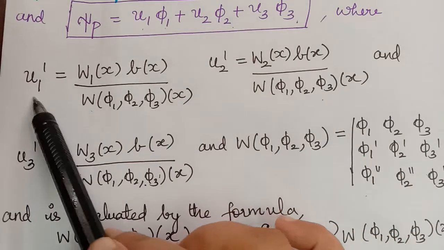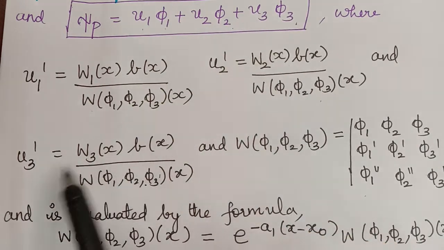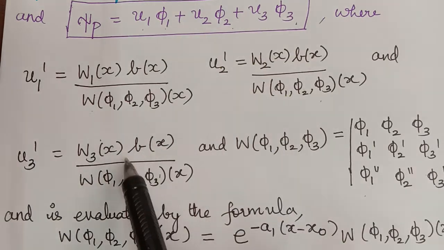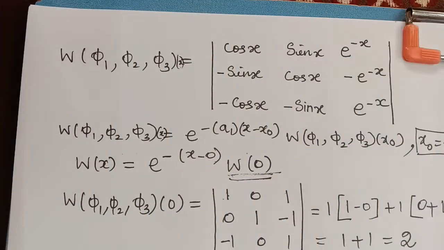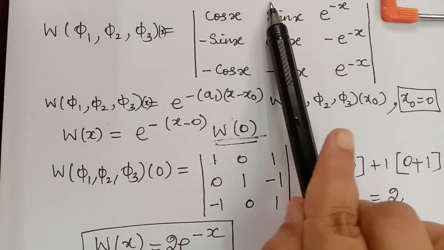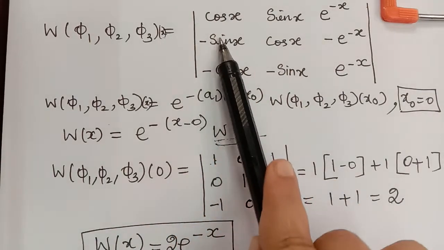Now to find u1 dash we need w1. To find u2 dash we need w2. To find u3 dash we need w3. Now to find w1, w2, w3 in the Wronskian, that is the determinant that we have here, to find w1, these two columns will remain the same. This column alone we have to change as 0, 0, 1.